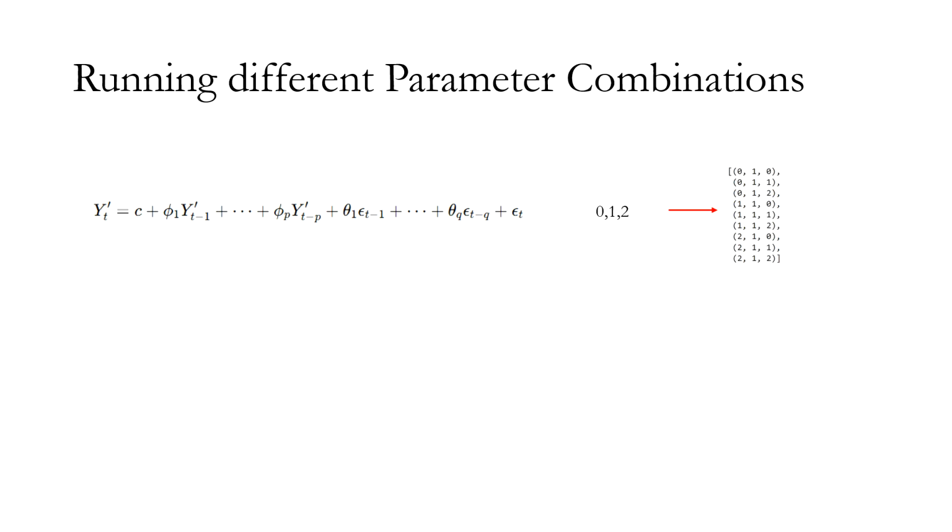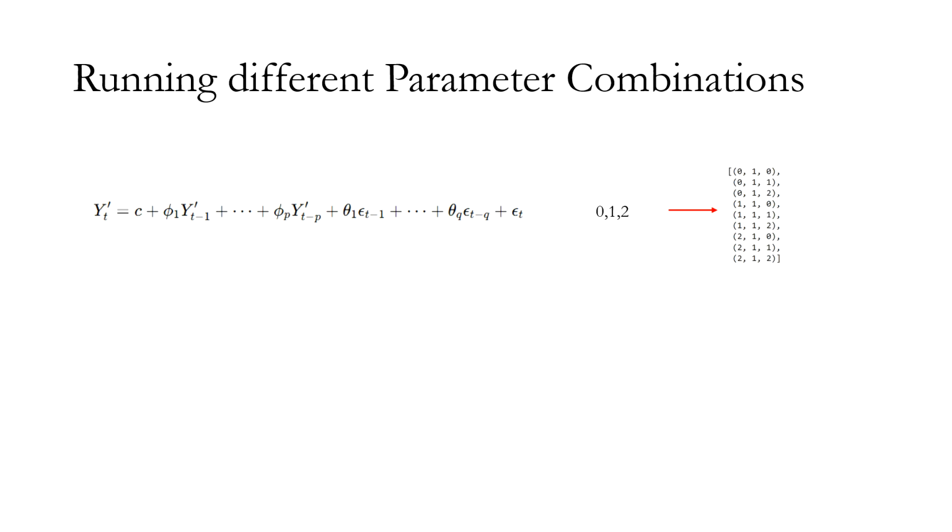Now, if we were to create combinations across, we would get about 9 possible combinations, right? The first one being 0, 1, 0. This is just the differencing. And then we've got 0 and 0. And I think the first one, if I recall correctly, is just a random walk. Okay.